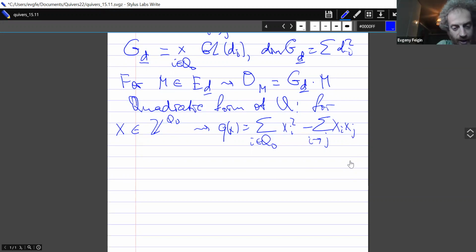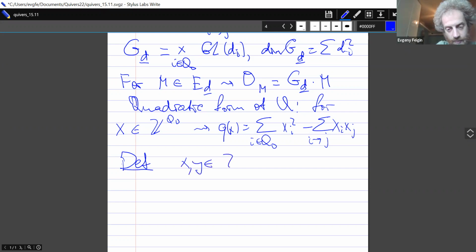And let's define two other forms which are of use for us. These are bilinear forms, first of all. Let me define: we take x and y from Z^{Q_0}.